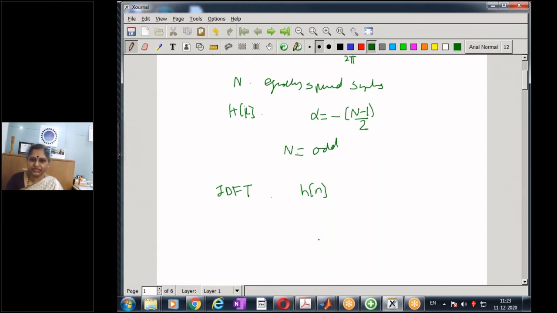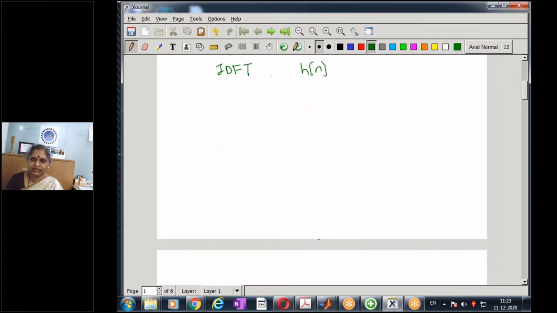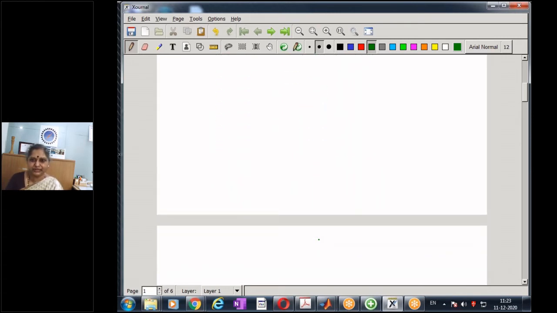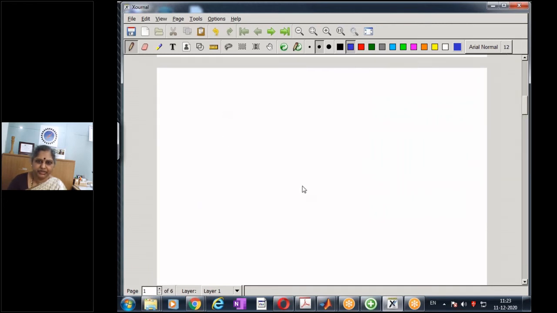We shall now see how to get the same result by using another simpler method. This is just for simplicity in computation. Instead of considering the interval 0 to 2 pi, let us say I consider the interval minus pi to plus pi.